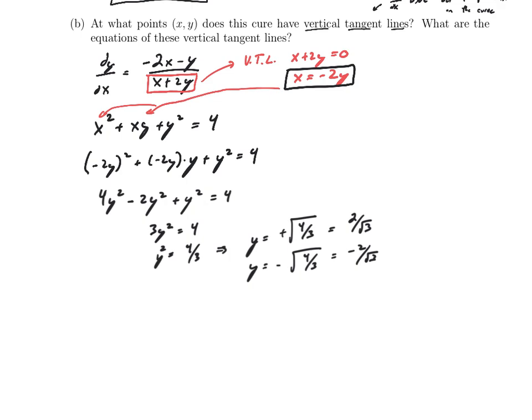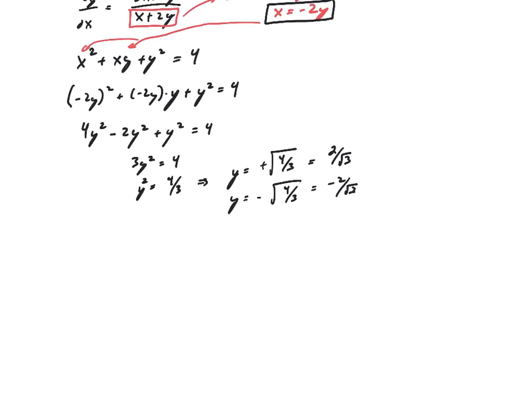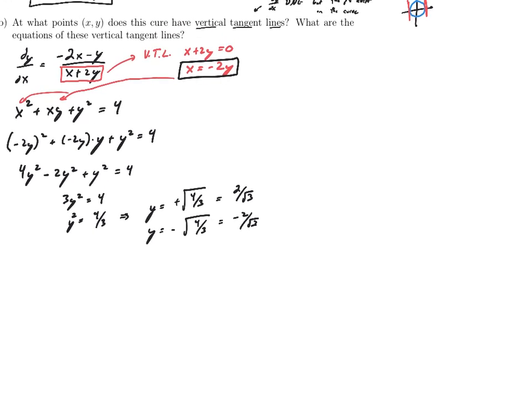Okay. So the question is, well, what is x? And again, just like before, we know what our x is. Remember, down here, x is equal to just negative 2y. So if I multiply this out, I get x is equal to negative 2 times 2 over square root of 3, which is negative 4 over square root of 3. And here I just multiply this by negative 2 as well. Negative 2 times negative 2 over square root of 3 gives me positive 4 over square root of 3.